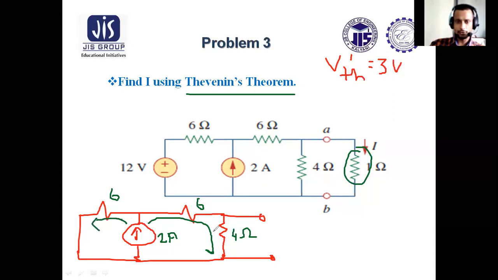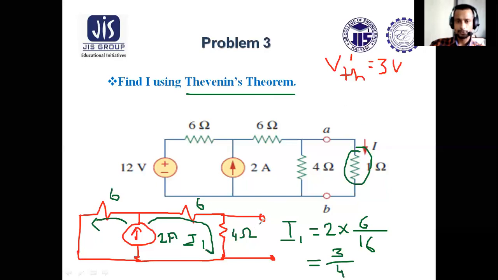So current through this, suppose I1. So this I1 will be, as per current divider rule, I1 is 2 into 6, the opposite resistance, divided by 16, equals 3 by 4.